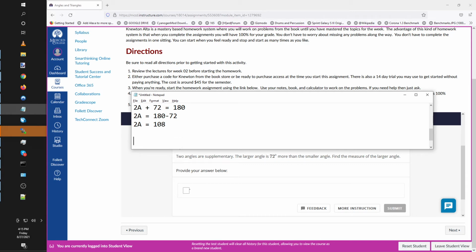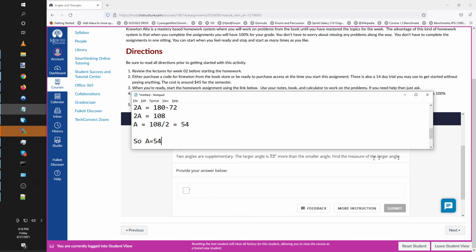Then if you're trying to solve for A, then A is 108 over 2, which you do on a calculator or something, and you get 54. So A equals 54.